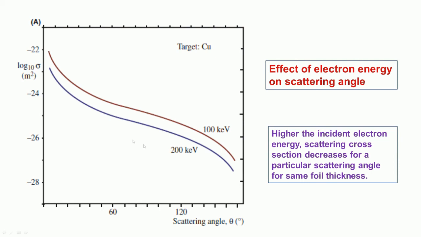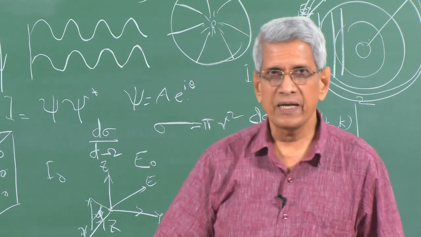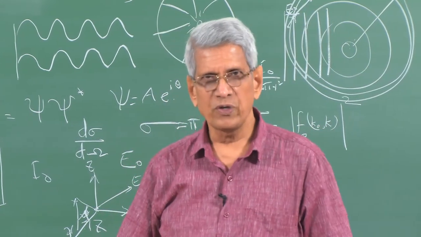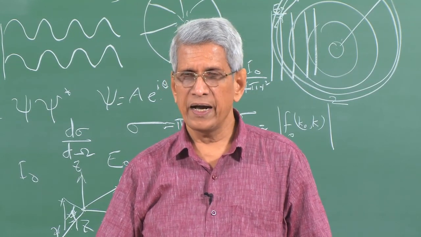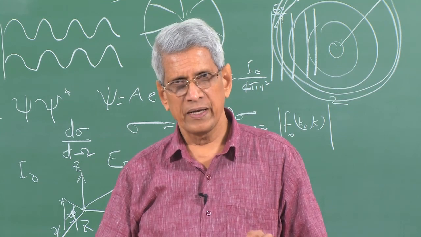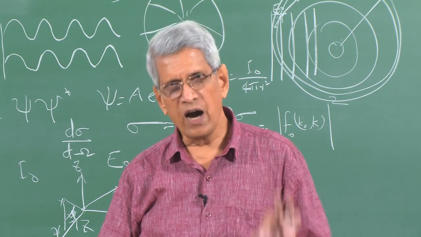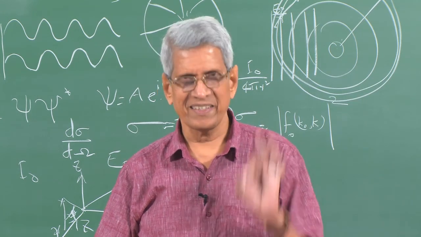What is going to be the effect of this? This we will look at. The scattering cross section coming down means that F is going to decrease. If the interaction is less, the probability of elastic scattering taking place is high and inelastic scattering is less.